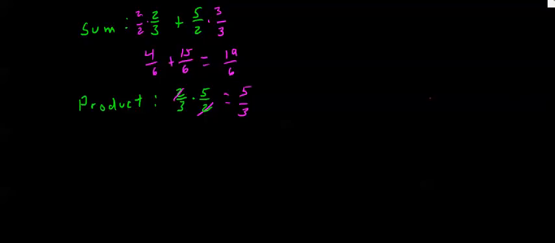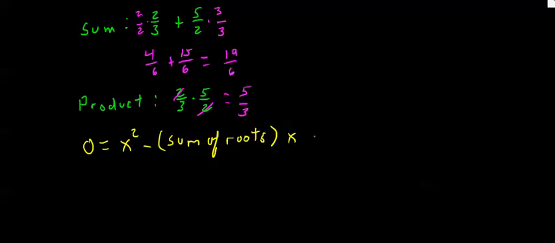If you remember from yesterday, our equation is 0 equals x squared minus the sum of the roots times x plus the product.